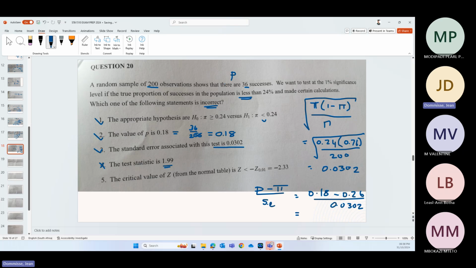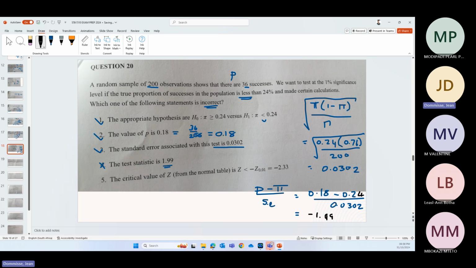Okay, that must be 0.24 and not 0.26, but let's just do that again. 0.18 minus 0.24 divided by 0.0302, 1 comma negative 1,99.